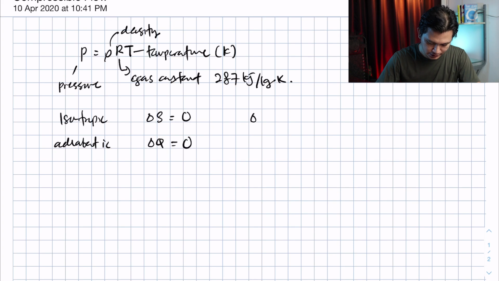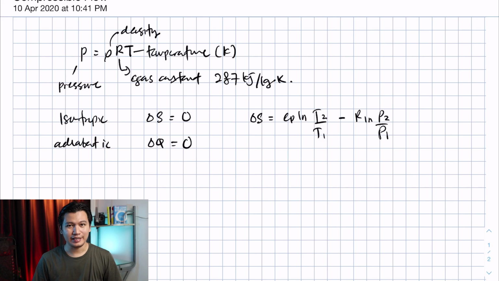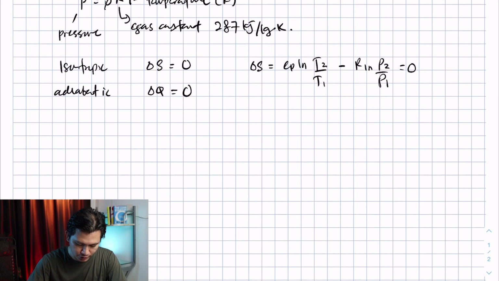So delta S is governed by this equation, which is Cp ln T2 over T1 minus R ln P2 over P1. I think you have covered this in thermodynamics, so I'm just going to carry on. We agreed that delta S is equal to 0, so we end up with Cp ln T2 over T1 equal to R ln P2 over P1.